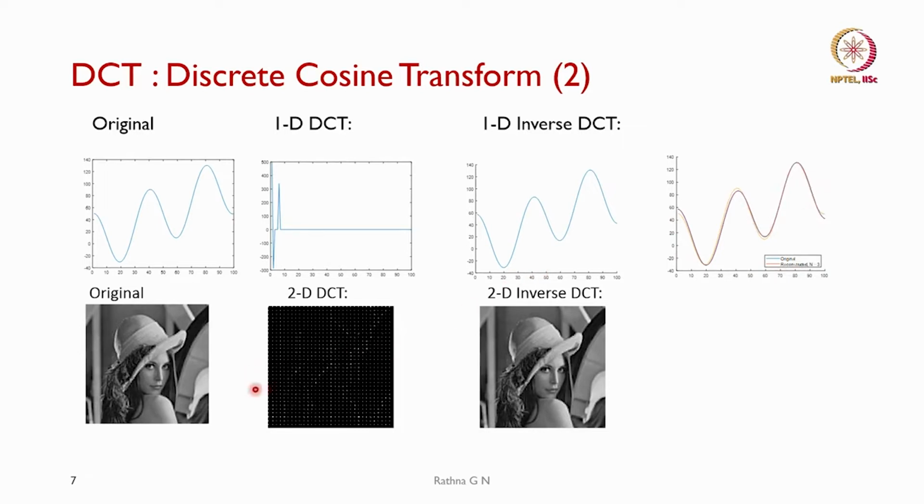Now let us see how this looks in the case of an image. This is the original Lena image. When I take a 2D DCT of this, this is how the coefficients look. Then we put a threshold and eliminate the coefficients, making them zeros. Then we reconstruct the lossy information by taking the inverse DCT.